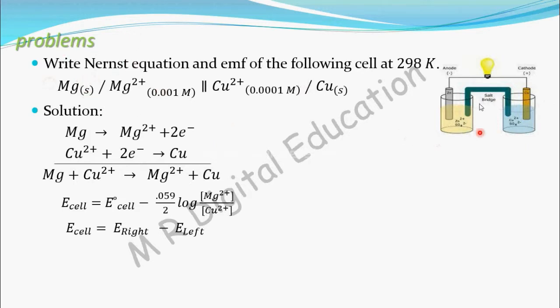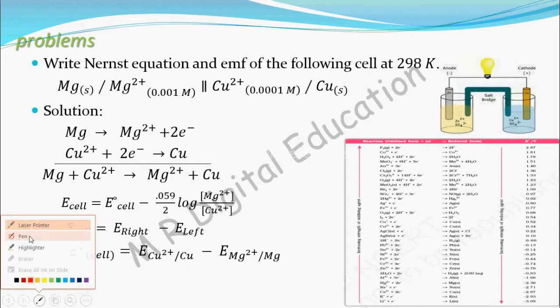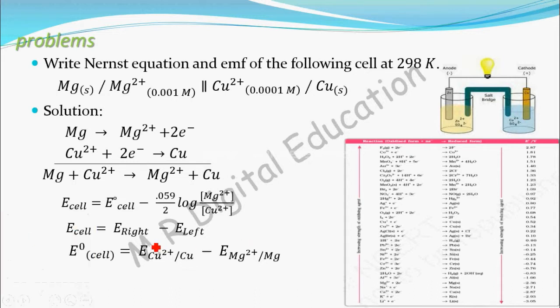Always on the left side the anode will be there, where oxidation will happen. So E left is the electrode potential of magnesium. So E naught cell equals the standard reduction potential of copper minus the standard reduction potential of magnesium.